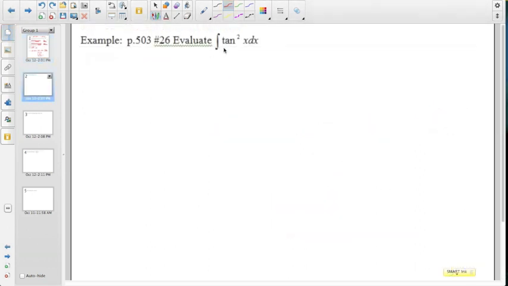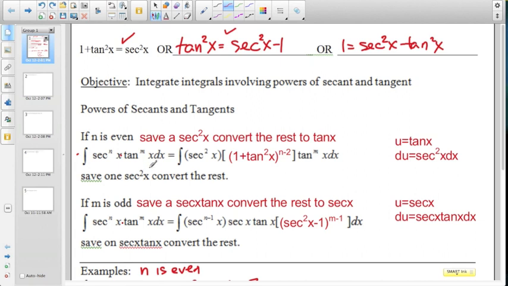For this example, we have the tangent to an even power, and so that is when m is even. If we notice back in our rules here, the power of tangent doesn't matter unless it's odd.